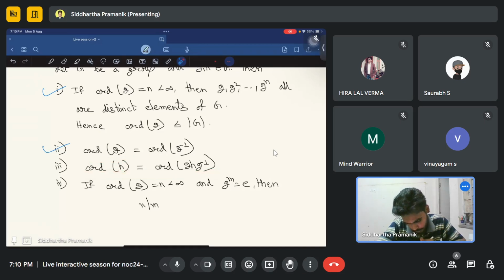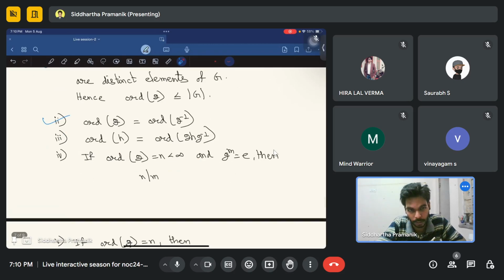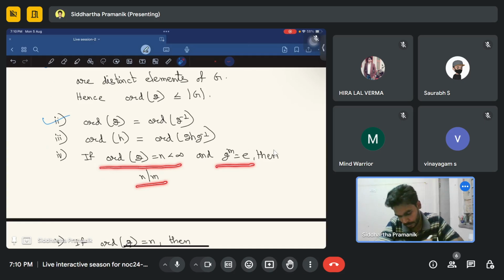So let me do the fourth one. The order of g is n and g power m is identity, so then n must divide m. Let's do this.